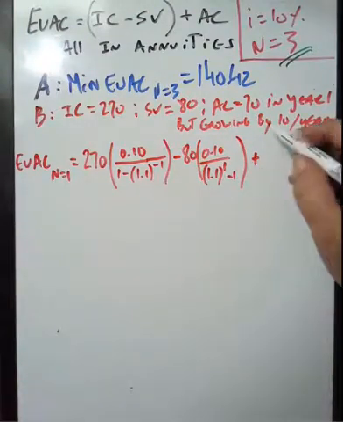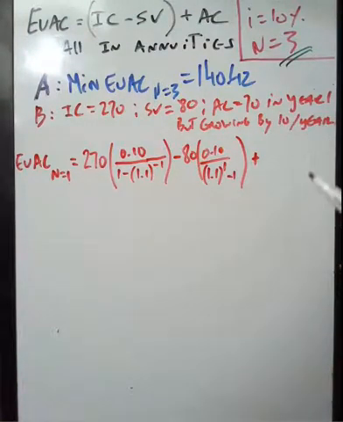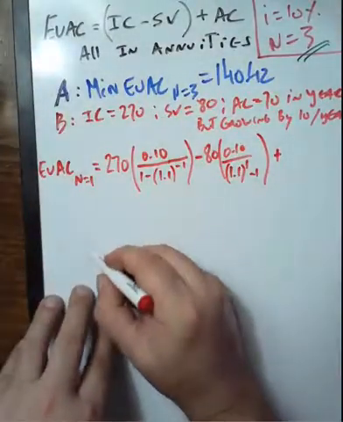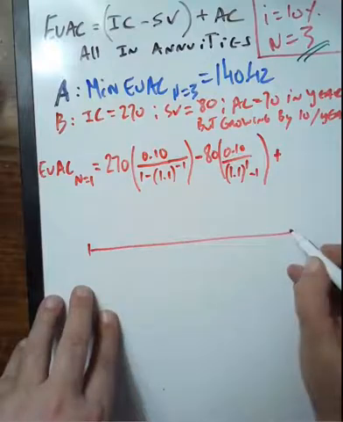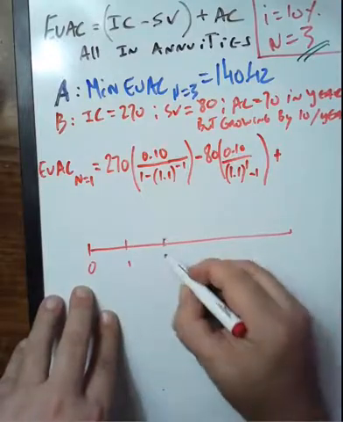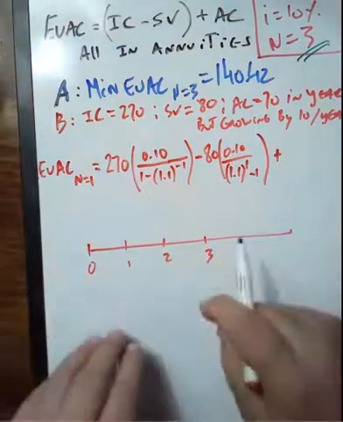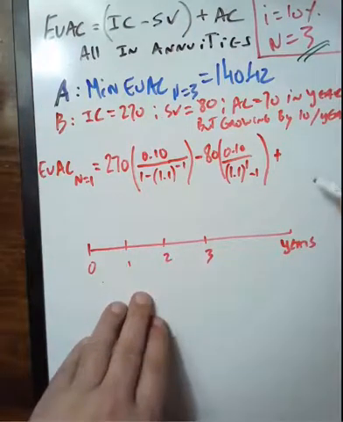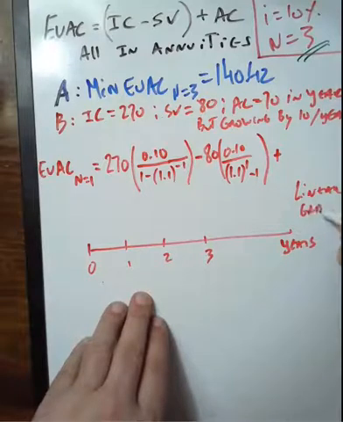And then we have this growing annuity, right? So how would we take care of that? Well, basically note what's going on. 0, 1, 2, 3 years, right? And this was from chapter 1. We learned the linear gradient. Let's just do a mini review.